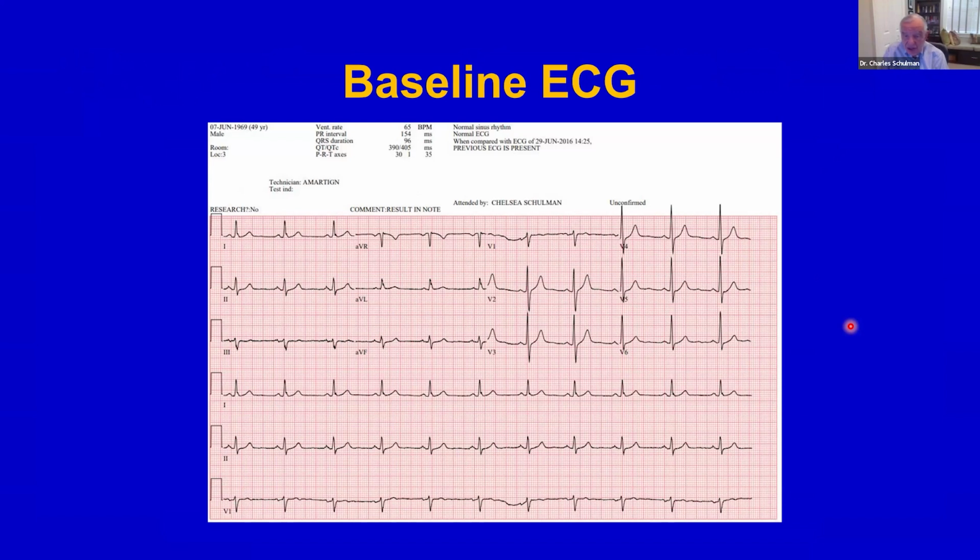So this is artifactual and a result of reversed arm leads. So if you see that, I hope you'll be able to recognize it, and don't do anything very drastic except repeat the ECG with the electrodes properly applied.